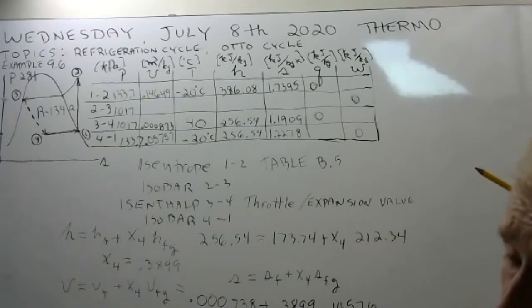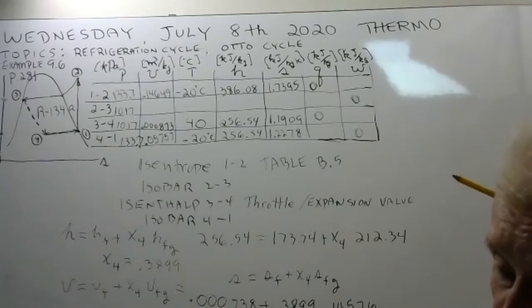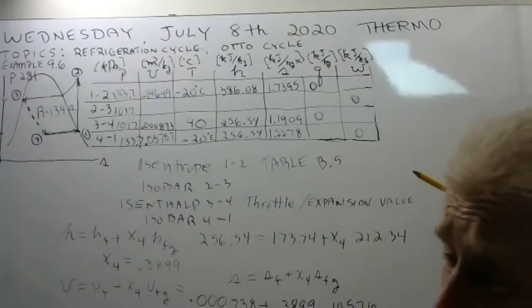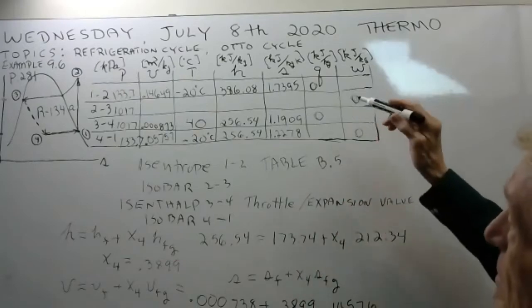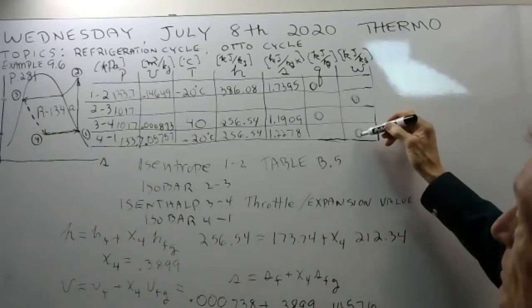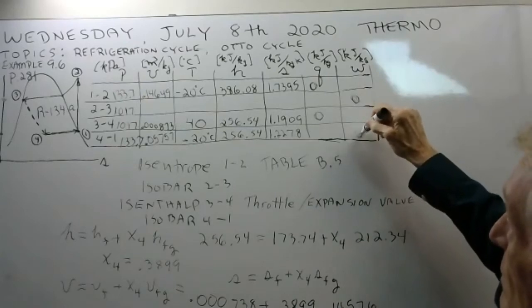Pour some water on this sidewalk on a hot sunny day and come back in about 5 minutes and you'll notice that the water has evaporated. Now, how much work was done? There was no work done. You just poured some water on the sidewalk. It evaporated. There's no work done in the evaporator.